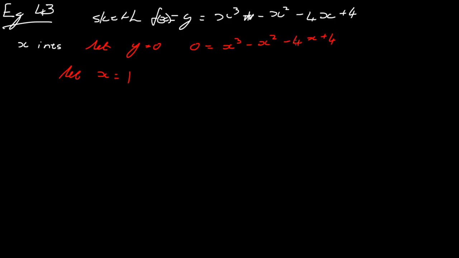If it is, then we know that x equals 1 is a factor. So 0 equals 1 cubed minus 1 squared minus 4 times 1 plus 4. 1 cubed minus 1 squared cancels, and that is minus 4 plus 4.